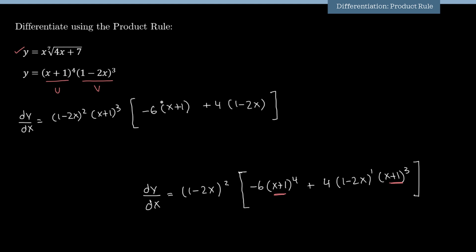Now in the bigger bracket, I can multiply the terms out. Minus 6 times x is going to be minus 6x. So dy upon dx is equal to (1 minus 2x) whole squared times (x plus 1) whole cube times minus 6x, and then minus 6 times minus 1 is minus 6, plus 4 times 1 is 4, and 4 times minus 2x is minus 8x.